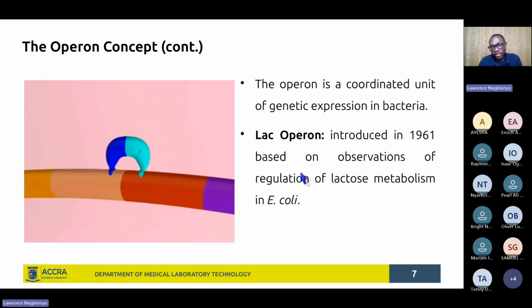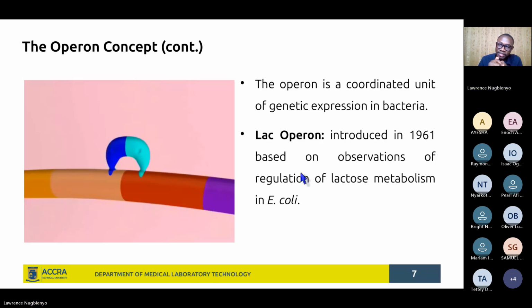Those portions are what we refer to as genes. So as you move along that circular structure, the plasmid, you have fragments of the plasmid coding for specific proteins. So some of these are what is referred to as operons.